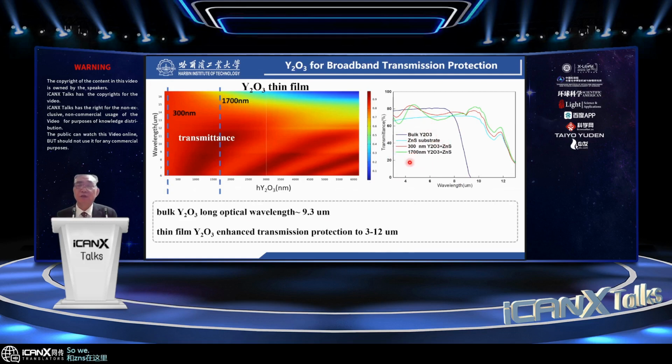So within 300 to 1700 nanometer of this range, when you coat yttrium oxide on zinc sulfide, you've actually enhanced your wavelength cutoff from 9.3 to 12 micron.